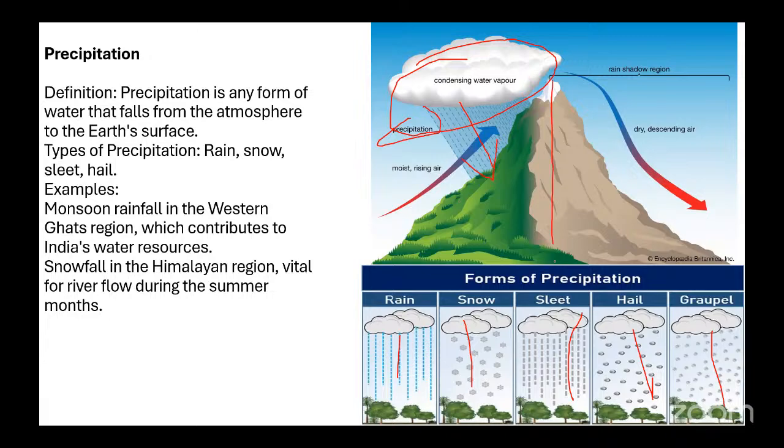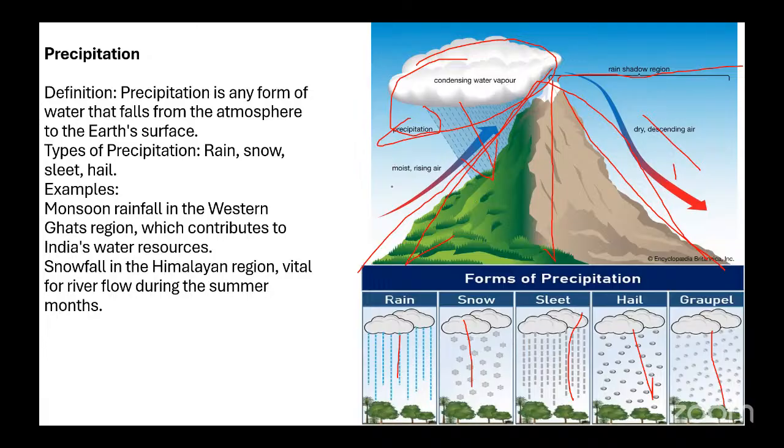So one side of the hill, or upside of the hill, will get more rainfall because of this condensation and moisturized air mixture. And the outer side, or downside of the hill, may not have that much rainfall, because most of the rainfall will occur on this side only. The other side of the hill, where dry descending air will be there, we call the rain shadow region.